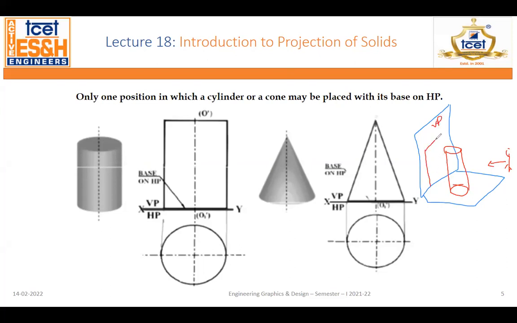He will be able to see a rectangle. Yes or no? When you see from the top view, he'll be able to see a circle. That is what is given here. In a similar way for the cone as well: from the front you'll be able to see a triangle, and from the top you'll be able to see a circle. This is the circle and this is the triangle I mentioned.